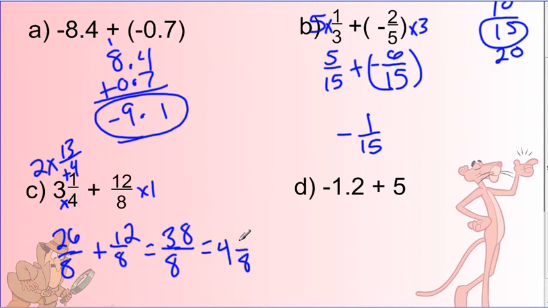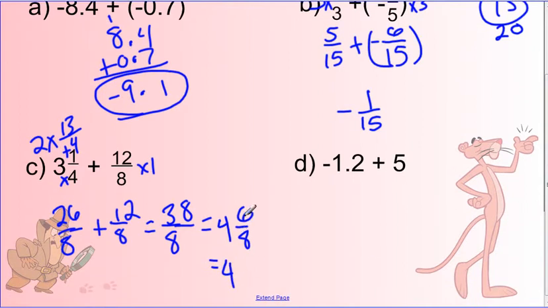So I need to add 6 more to get to 38. 8 times 4 is 32, plus 6 is 38. And the very last thing is simply reducing this a little bit. So 4 and 6 over 8 simplifies to 3 over 4.